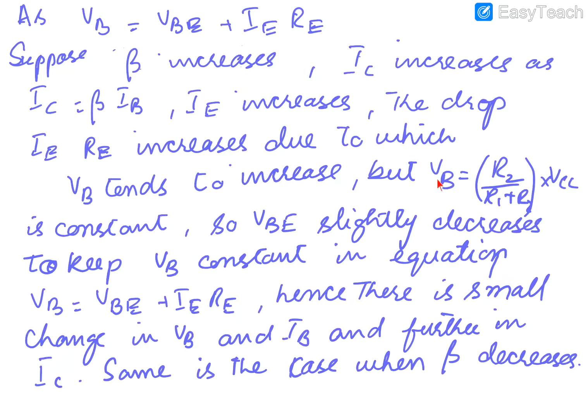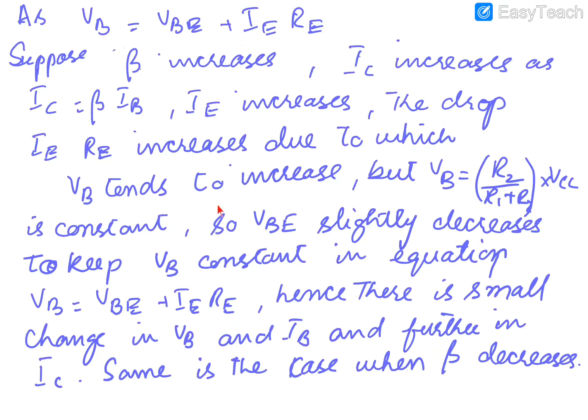So as VB is constant, VBE will decrease slightly to keep VB constant, and as VB remains constant, so does the value of IB and IC. So due to change in beta, there will be only small variation in the value of IB and IC. This is the same case when beta decreases.